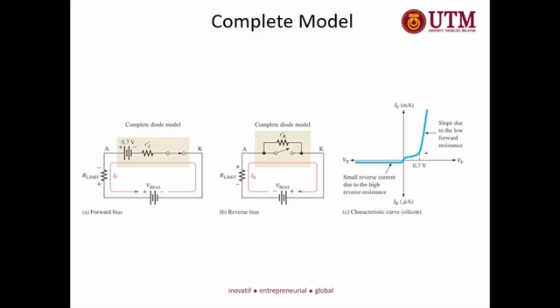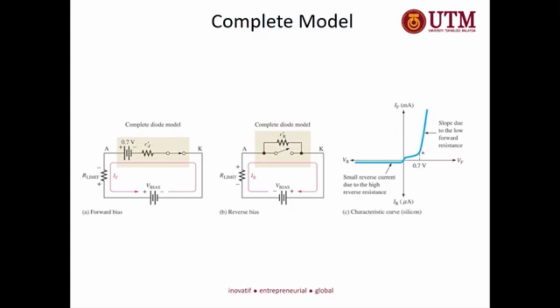And then when the current is on, at the on state, the resistance is not assumed to be zero, but instead we put a resistor here. So this is a small RD, actually an average AC resistance at the on state.